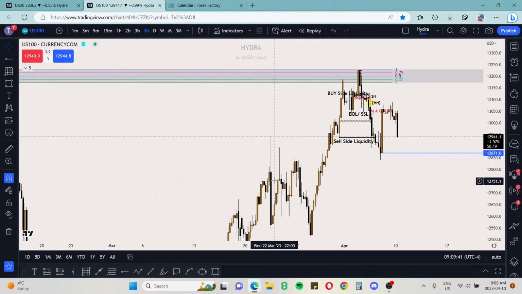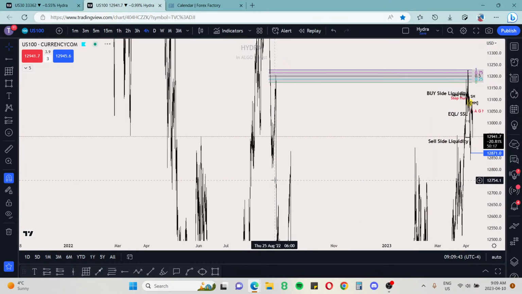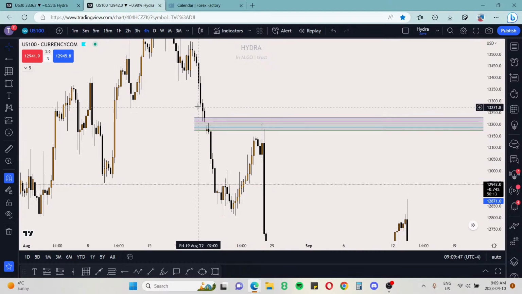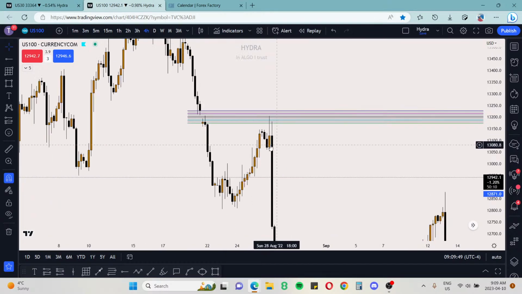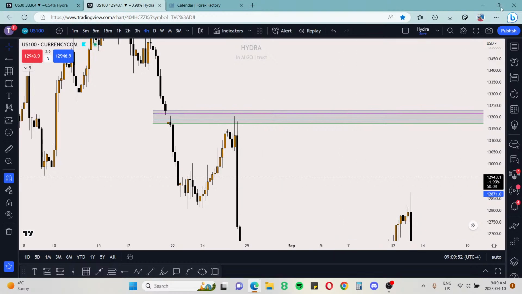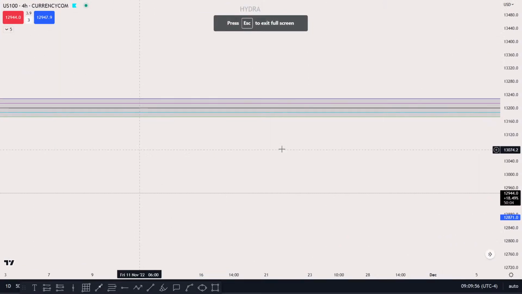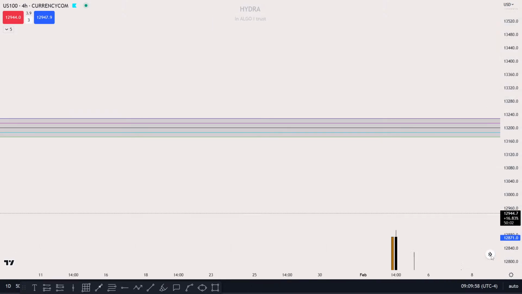Okay, on Nasdaq, did you hear me mention on my last stream that I want to see price rejecting from this volume imbalance? Yes, you did. When price was here, right? Let's go to today's price action.